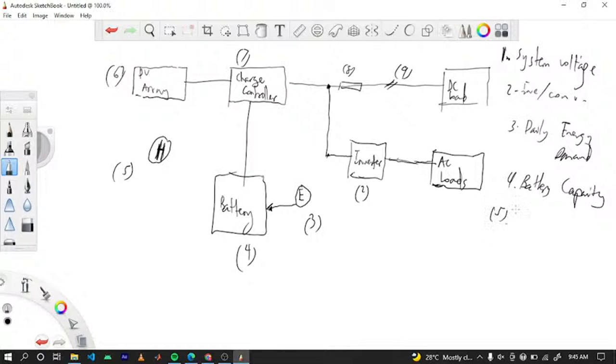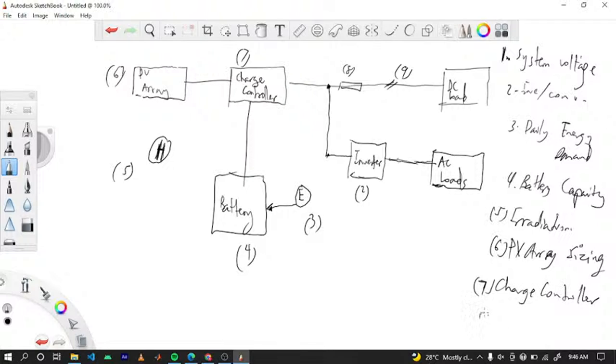Now after that, we'll find our irradiation H. Step 6, size the PV array. Step 7 is sizing of charge control. Step 8, protection. Step 9 is cable size.